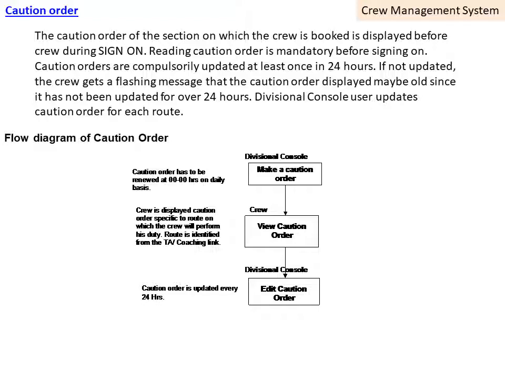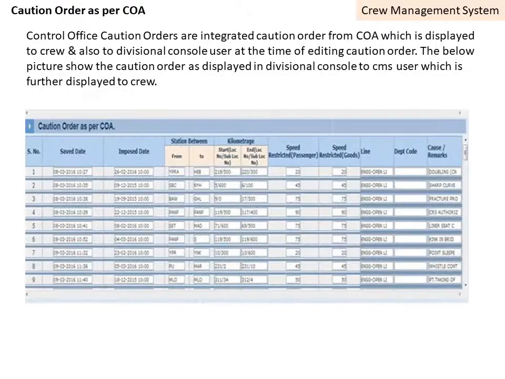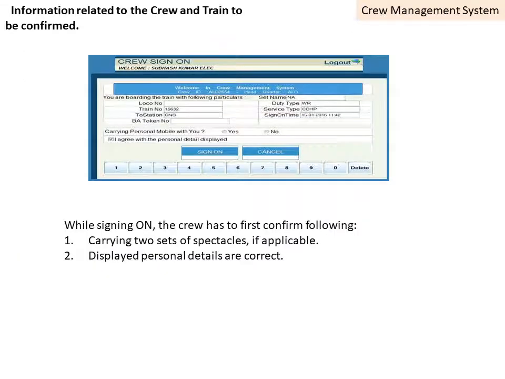This was already provided in the CMS, but it was not being utilized anywhere. Cautionary as per CYA will be saved like that, and we can feed it into the server, but this can be done by the division cautionary user only, the division console user only. Presently it was not there.